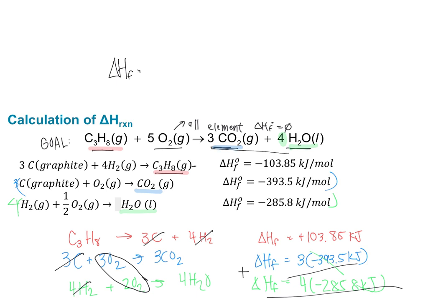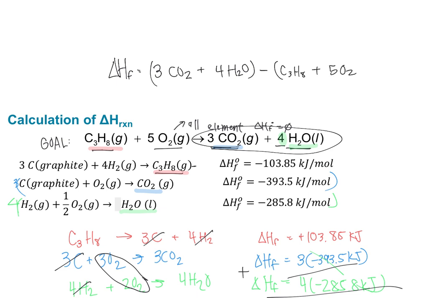So we'll take our products here. I'm going to say 3 times the enthalpy value of carbon dioxide plus 4 times the enthalpy value of water, minus the reactants, which are 1 of the propane and 5 of the oxygens. One thing you're going to notice right away is that you're going to cancel out oxygen because it's an element and so it doesn't have an enthalpy of formation value. So we're going to plug it in.